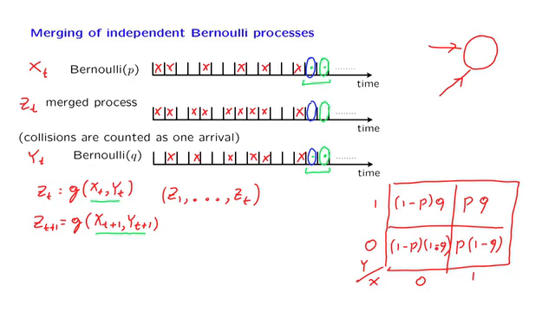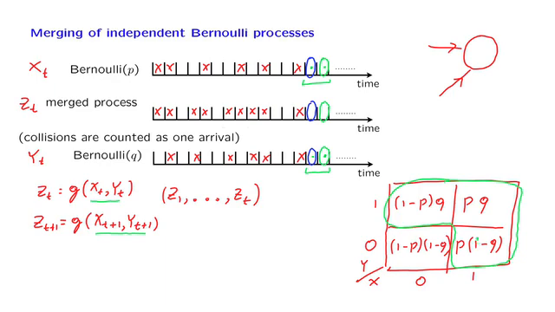The probability that we have an arrival in the merged process is the probability of this green event. These are the cases in which an arrival gets recorded in the merged process.